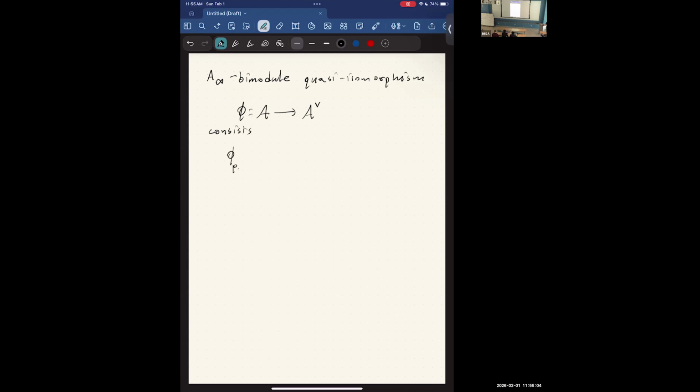And it consists of the following data. So I'll have a family of linear maps from tensor powers of A to the dual for integers P and Q, strictly non-negative, and it should satisfy some algebraic restrictions. So I want it to be skew symmetric.